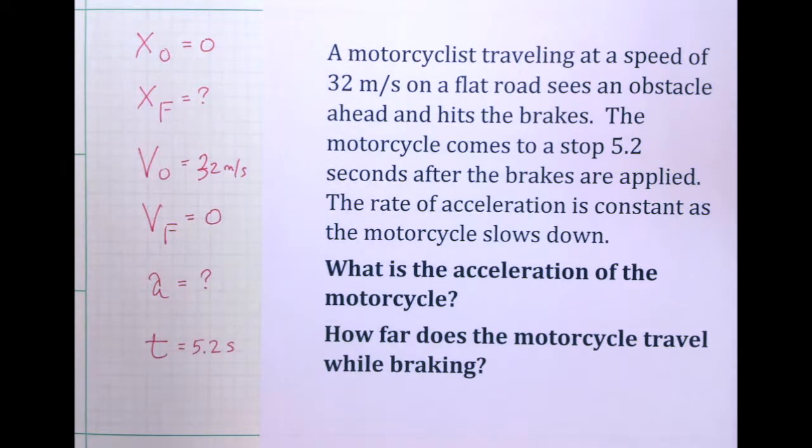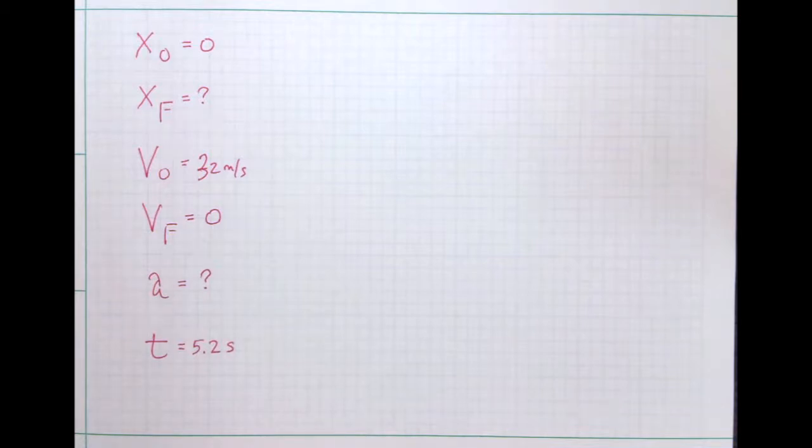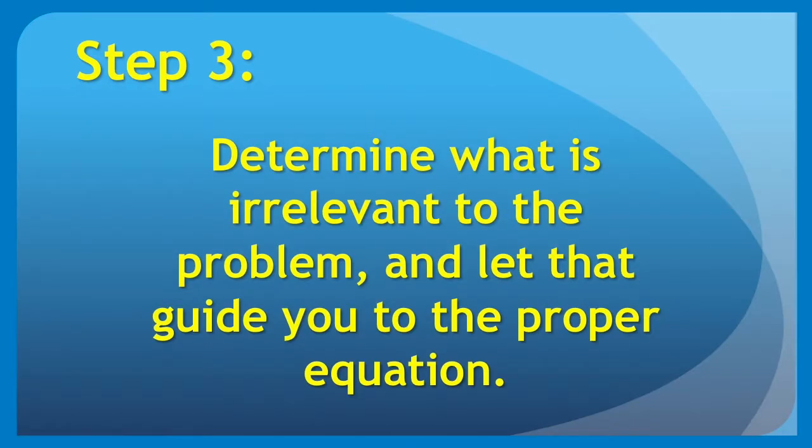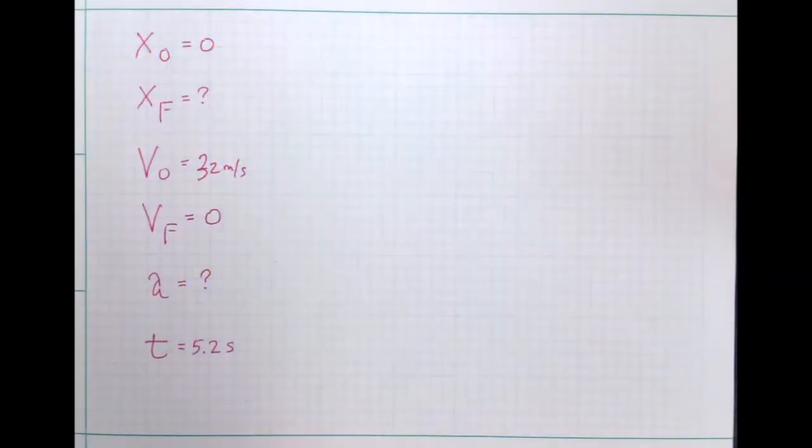Now, addressing the first question about the acceleration of the motorcycle, finding that acceleration will be a matter of finding the correct equation, the correct tool, to perform the computation. And step 3 in the process is to look and see which of the variables are irrelevant to our calculation, and that will guide us toward the proper equation.